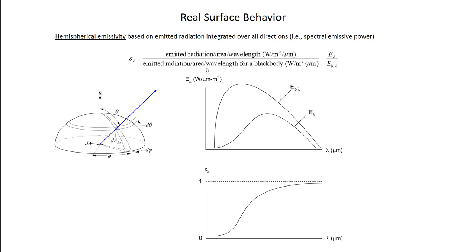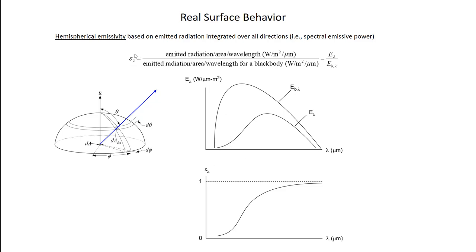I've shown you this figure before where we have the spectral emissive power as a function of wavelength, and Planck's law establishes this upper limit, the biggest it can be, and a real surface has to be below that.